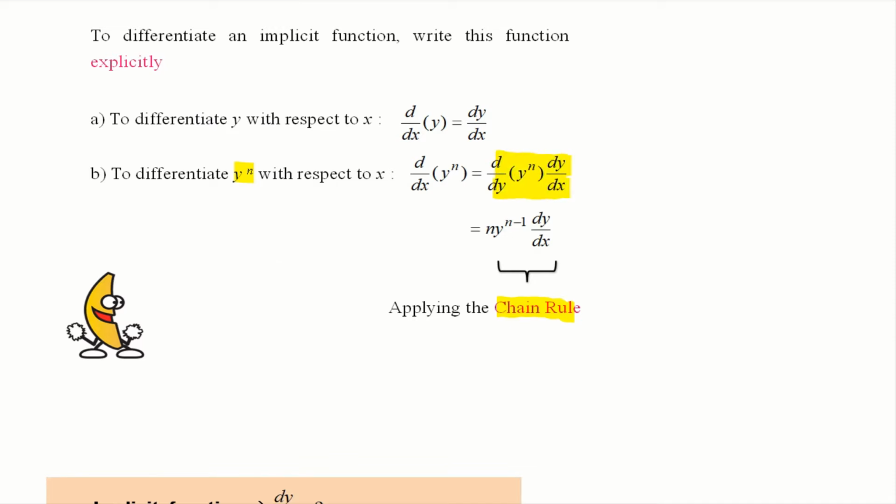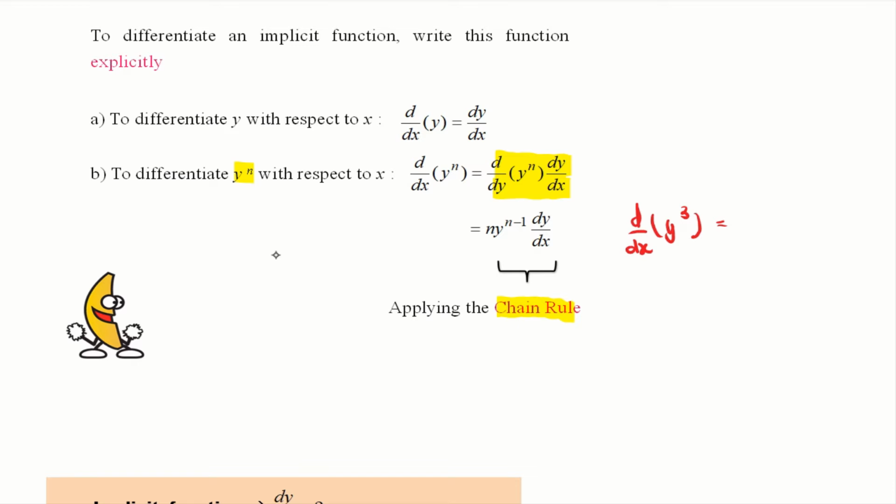Let's say we are going to differentiate y cubed with respect to x. First, we differentiate y cubed, that is, y to the power of n, with respect to y.